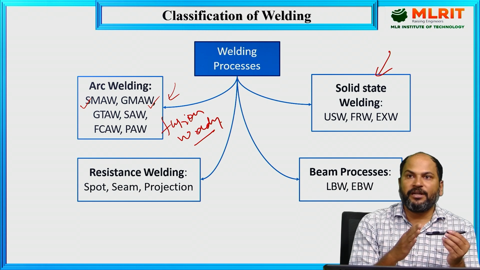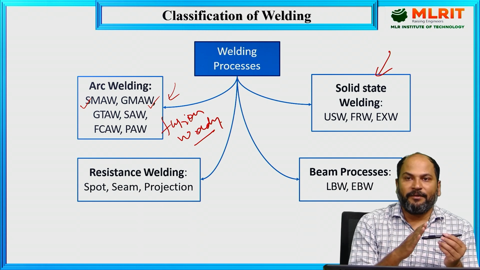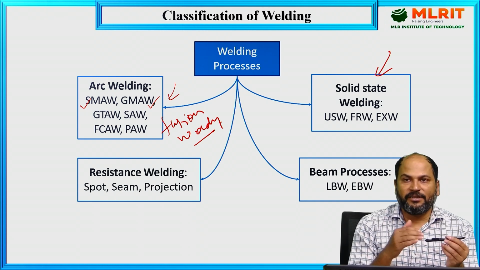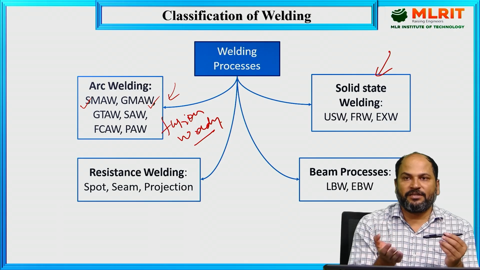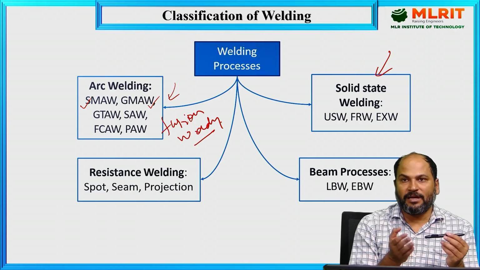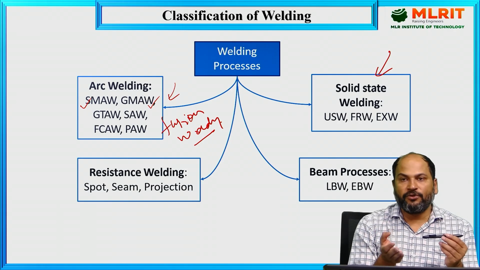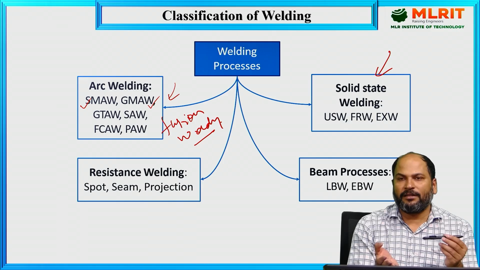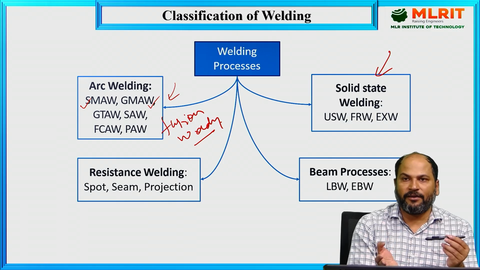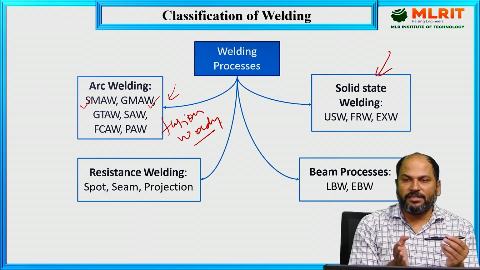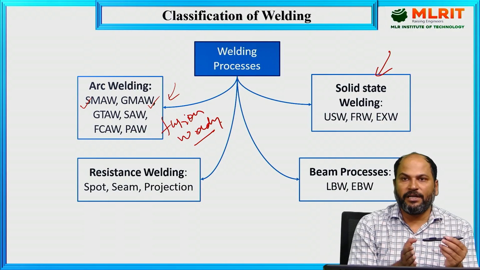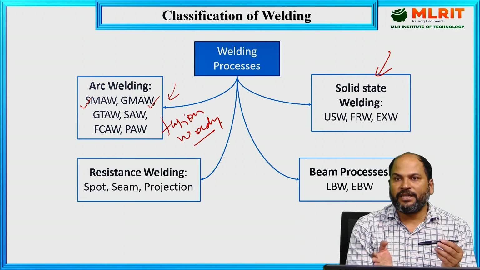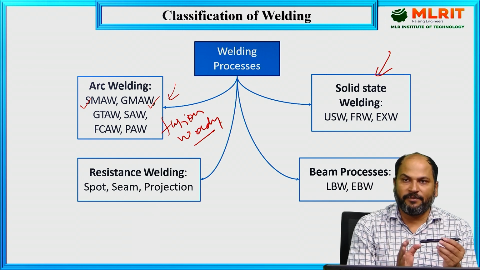So here the material will be in solid state, it will not be in liquid state. Then explosive welding is another example which comes under solid state welding, and friction stir welding is another example which also comes under solid state welding. So solid state welding means the material that we are welding together is not going to change its state during the welding; it will remain in solid state.